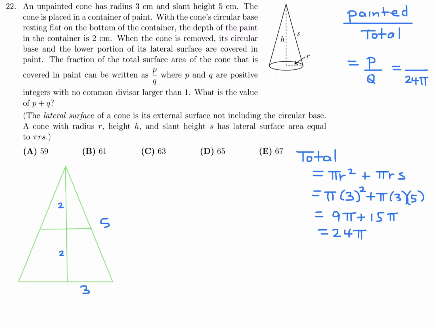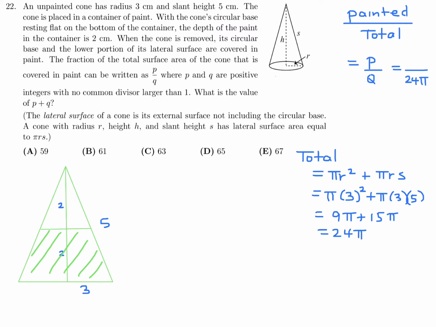Now I've got to concentrate on the numerator, which is the painted part. The painted part is really this part right here. But the issue is that this formula only works for cones, so something like that. It won't work for a shape like this.